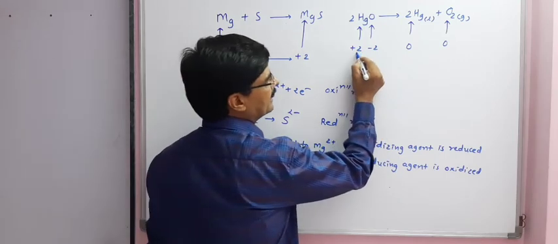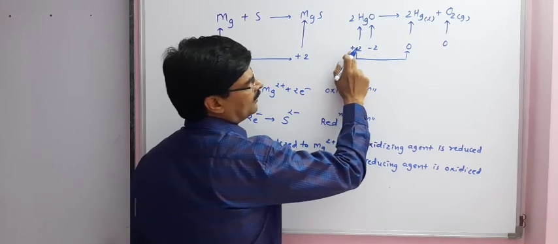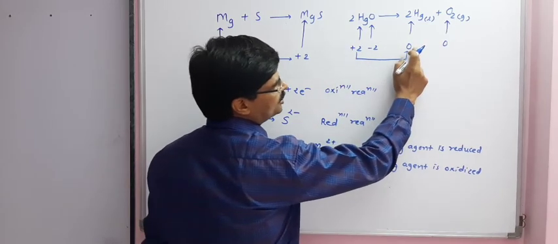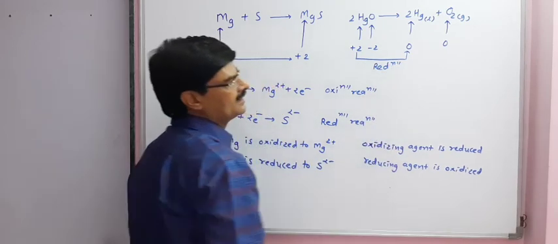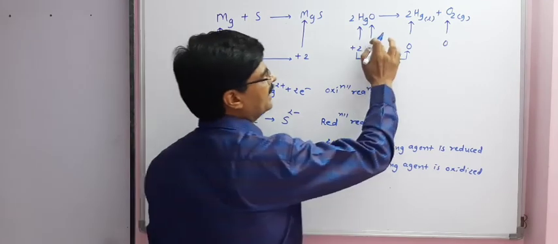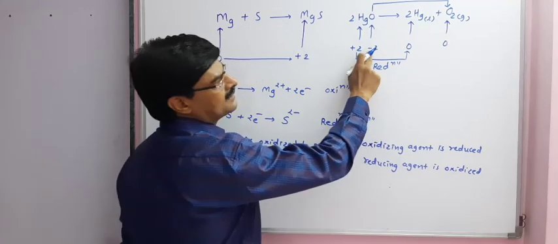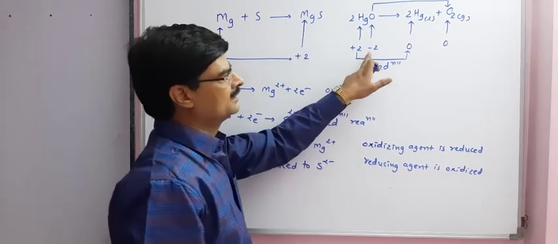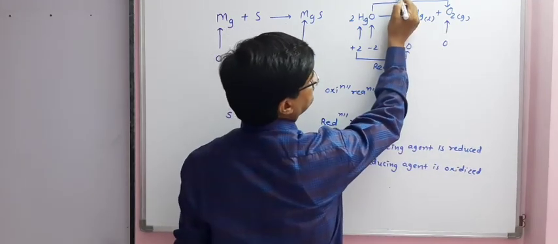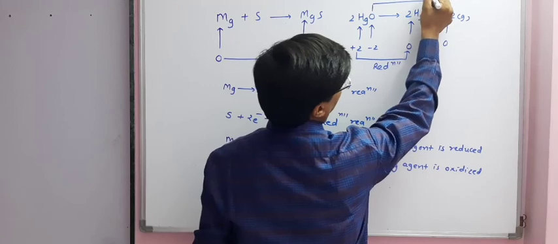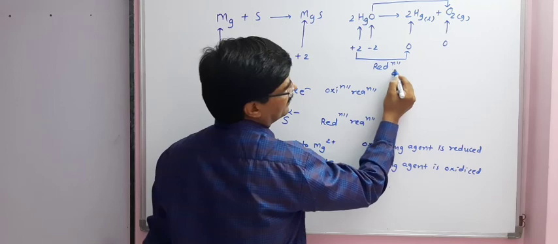So for Hg, the +2 oxidation state reduces to 0. That is why this is the reduction reaction. And for oxygen, the oxidation number goes from -2 to 0, meaning it increases. Therefore this is the oxidation reaction. The Hg change is reduction because the oxidation number decreases.